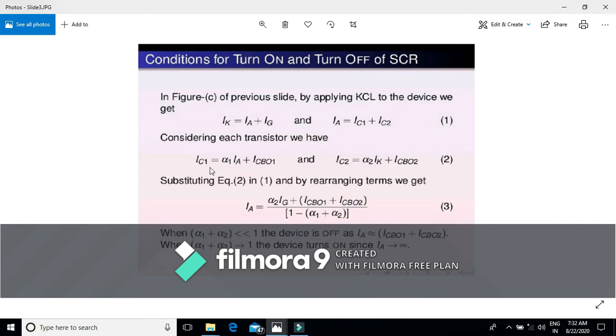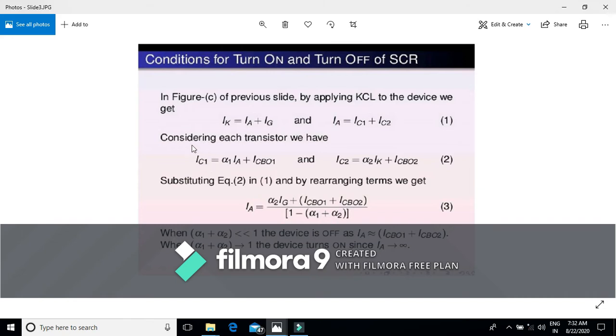Since for each transistor the collector current IC is equal to alpha times the emitter current, and here for the first transistor the emitter current is the anode current, and alpha is the common base current gain.